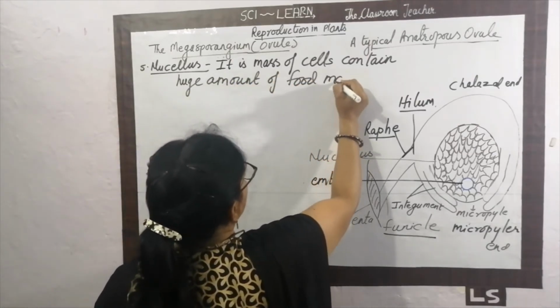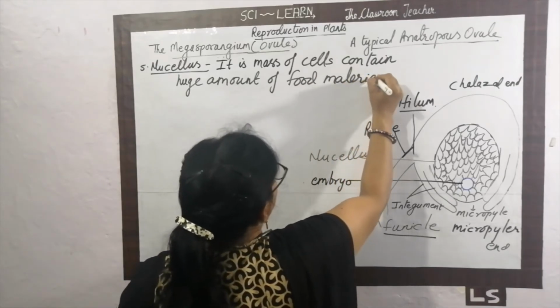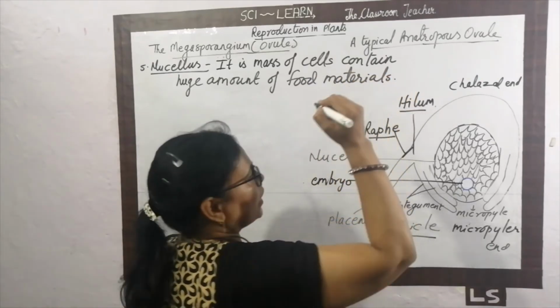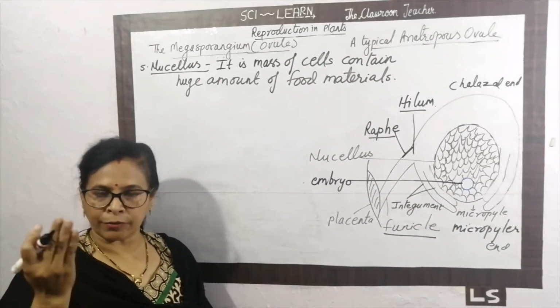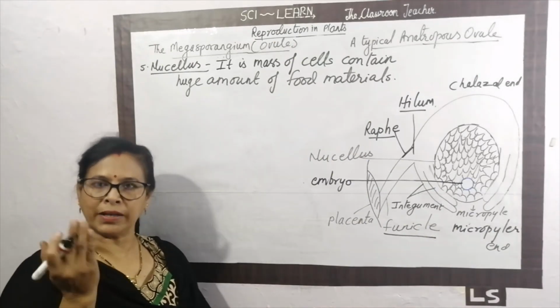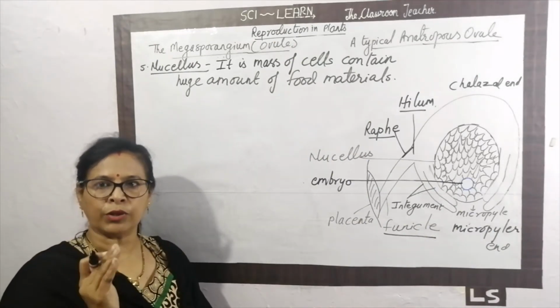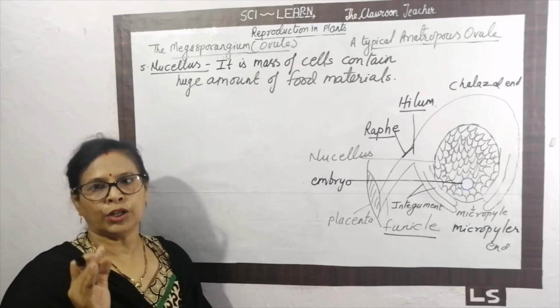And I told you the role of this food material: it is utilized for the formation of the megaspore. When the megaspore is formed, the food is supplied by the nucellus.